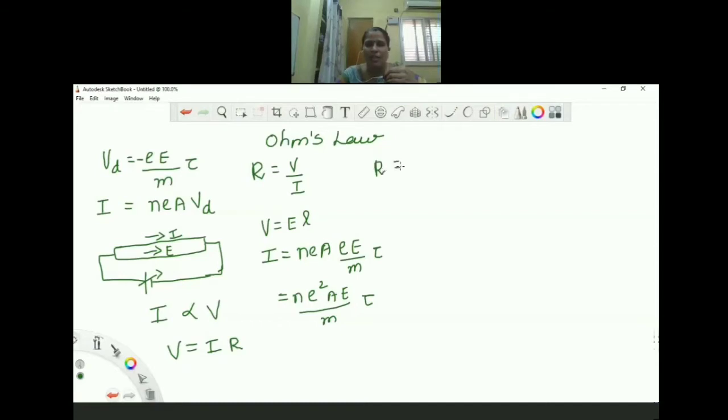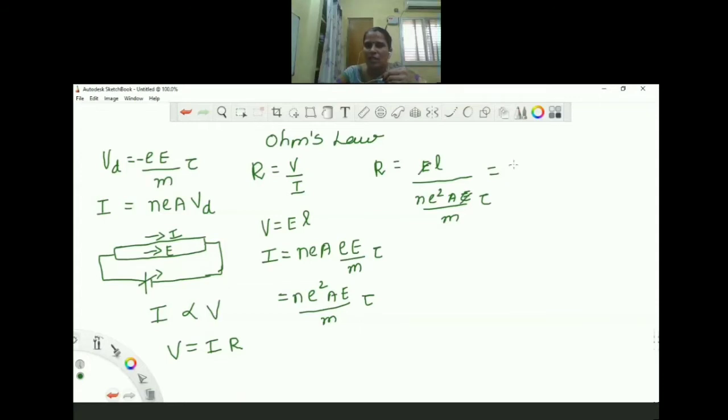Now we substitute for V as EL divided by n e square A E by m into tau. So this E and E get cancelled.